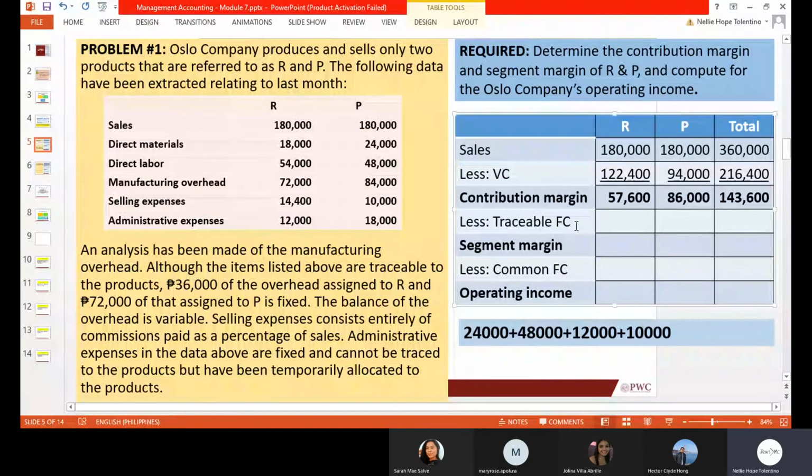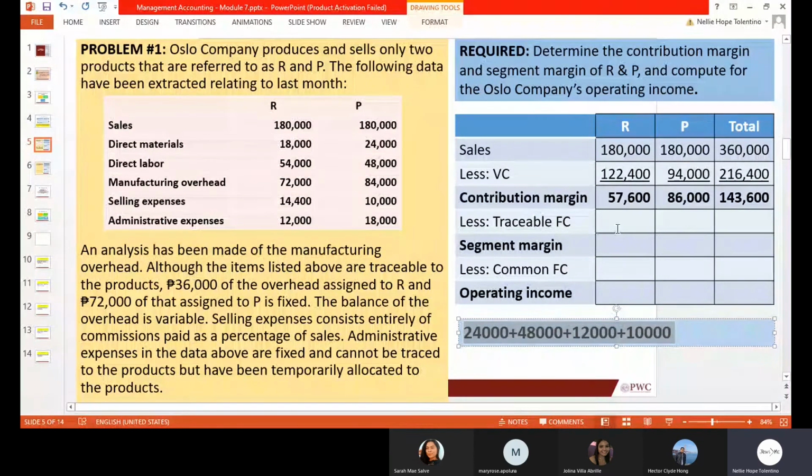Traceable fixed cost. Magkano ang traceable fixed cost ni R? Meron bang traceable fixed cost si R? 36,000, ma'am.